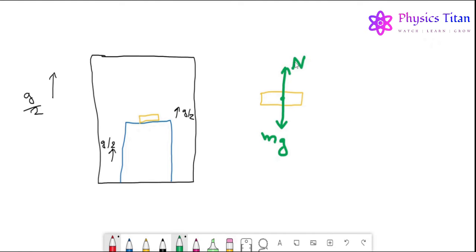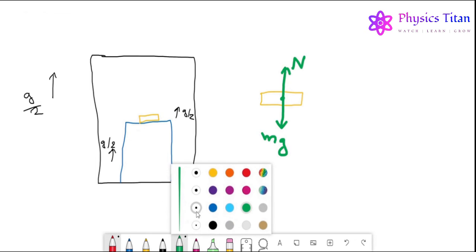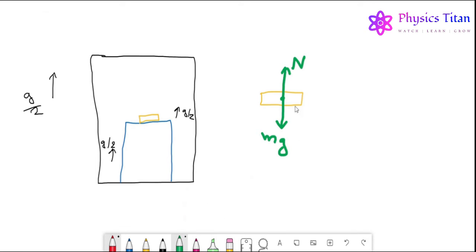This is N. And we know that the acceleration of the book is upward and the value is equal to g by 2. That means the normal must be greater than the weight of the book to provide this acceleration.